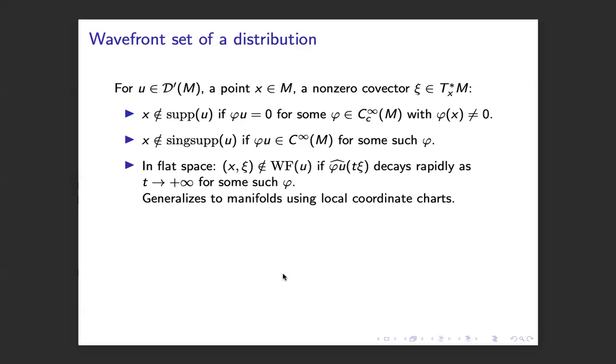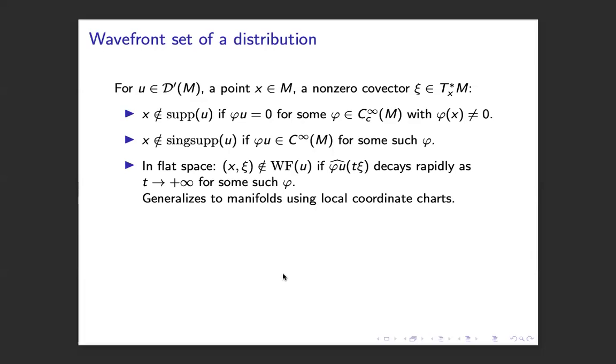if we can localize near x, take the Fourier transform, and there is some direction in which this Fourier transform decays rapidly. Rapidly here means as a Schwartz function, so faster than any polynomial. The Fourier transform in any given direction is related to directional derivatives in that direction.